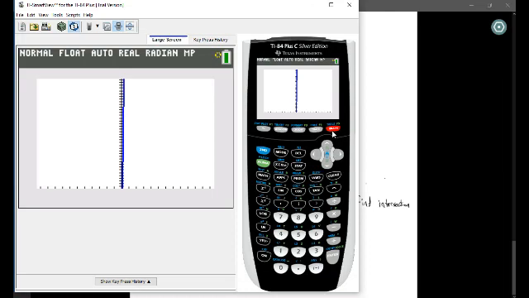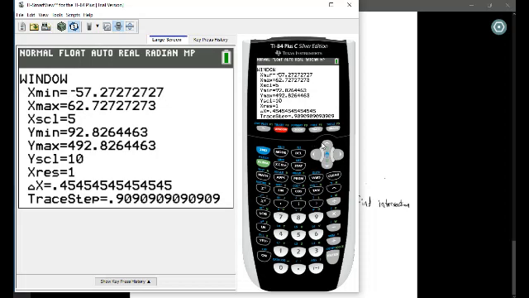All right. So we know we need 12,000 on the graph. So go to Window, and revenue is on the y-axis.